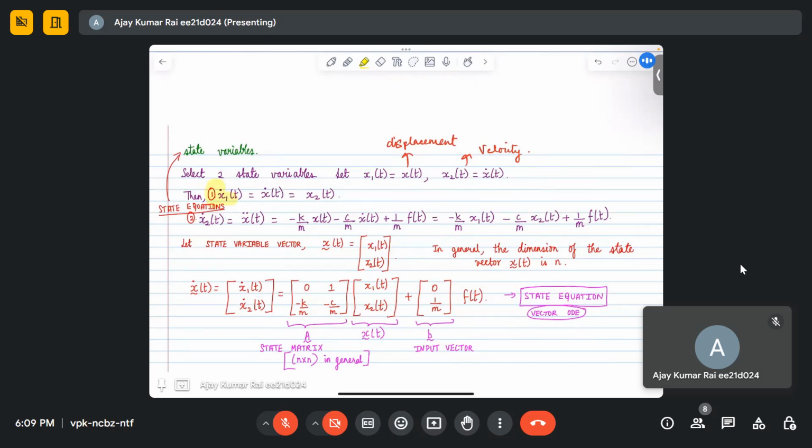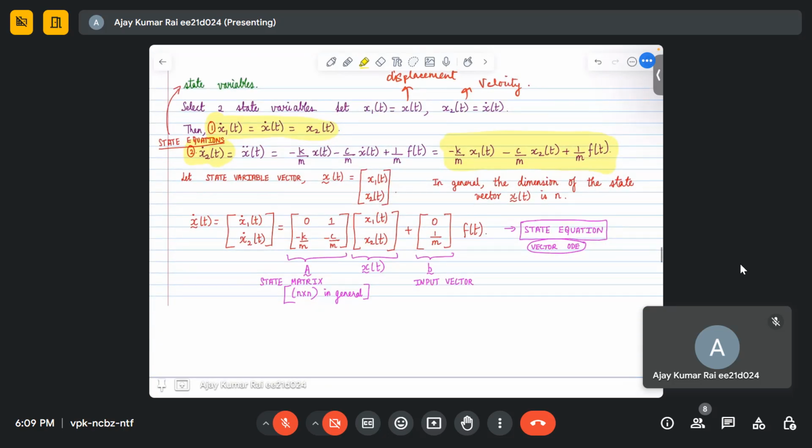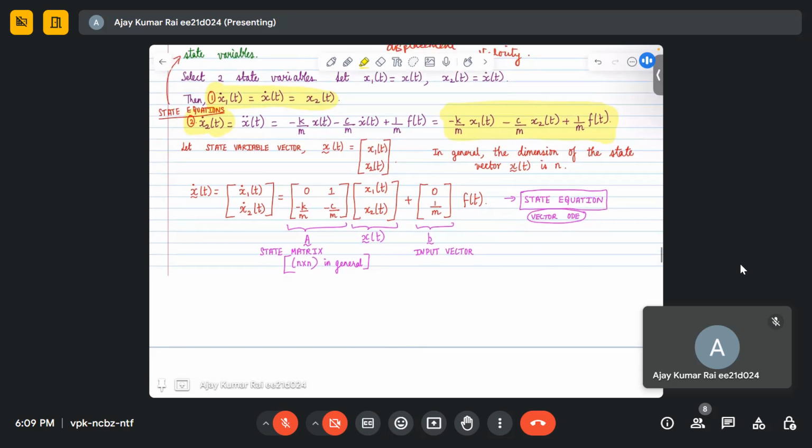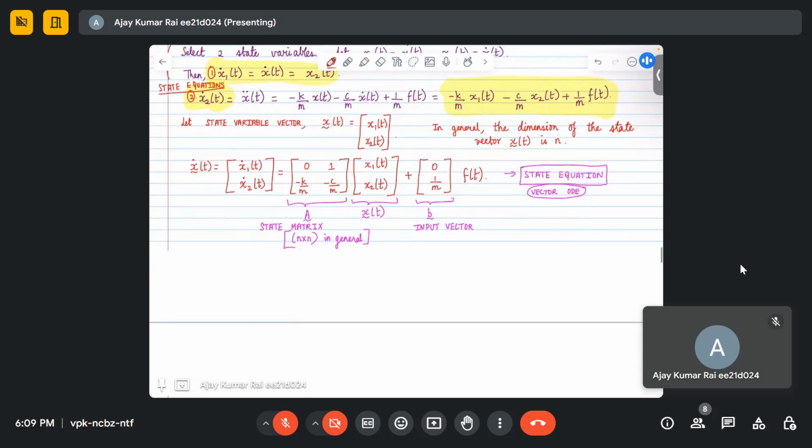This is one equation, and another equation is given by this. We try to write these two first order equations in terms of matrices. So this is how we write, the general x dot equals Ax.